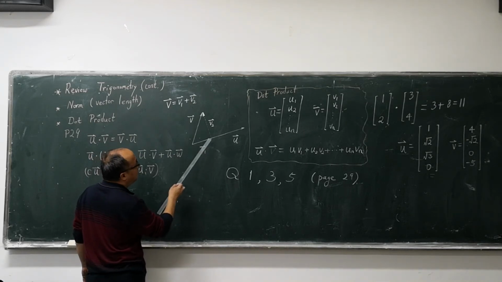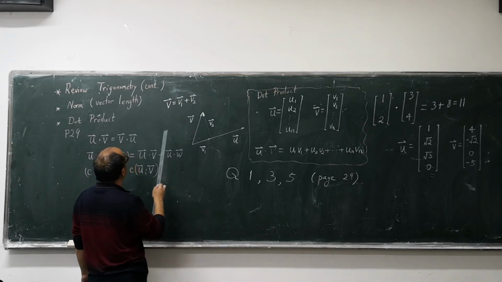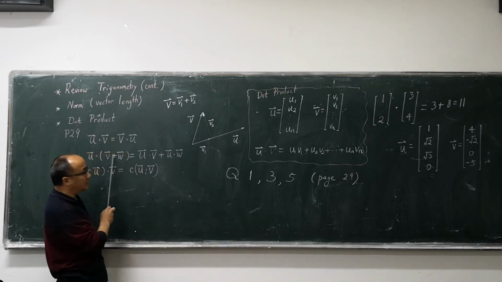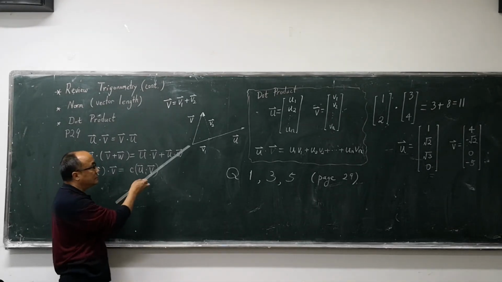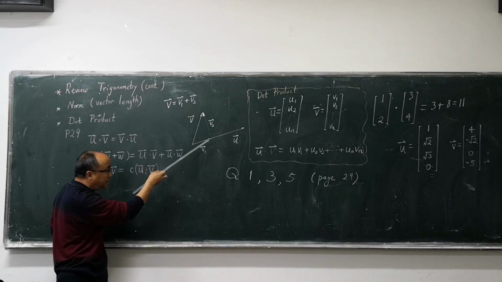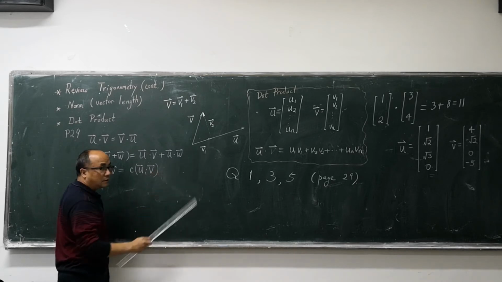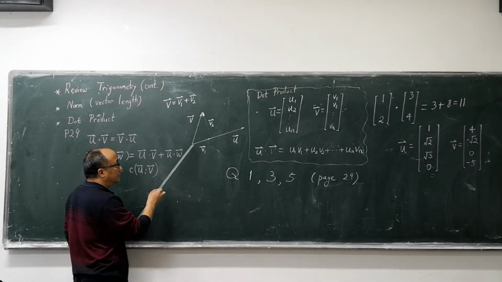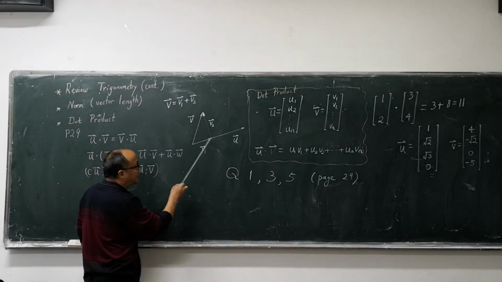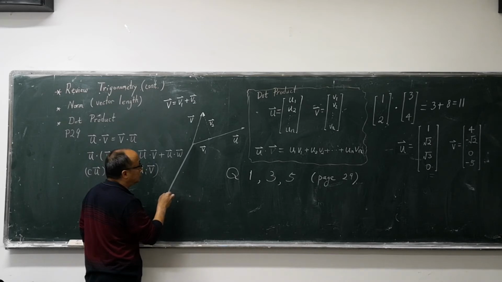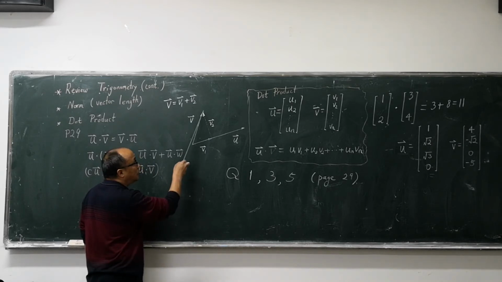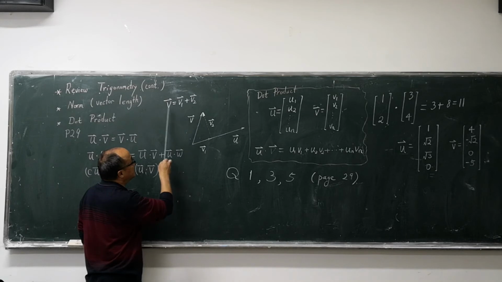You remember the sum, adding two vectors. This vector and this vector go from the origin to the final destination. From your beginning to the final destination. This is V.